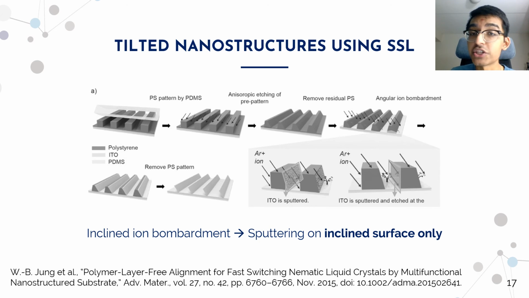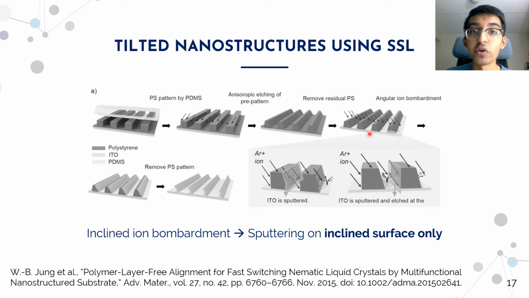The inclination angle of the wall, they determined by the incidence angle of the argon ions used for the anisotropic plasma etching. And then they performed the ion bombardment step by employing argon ions at an incident angle of 15 degrees relative to the trapezoid-shaped pre-pattern, as you can see here.